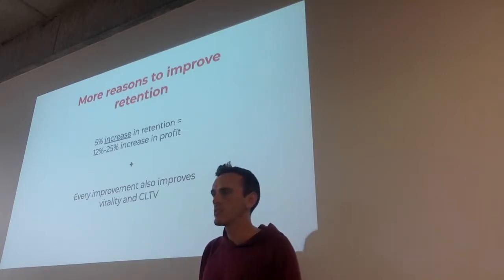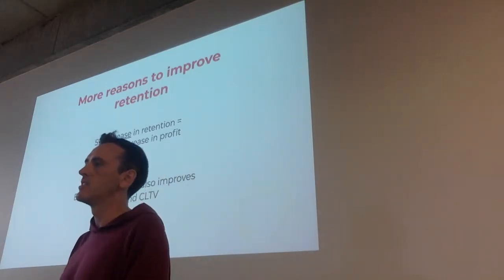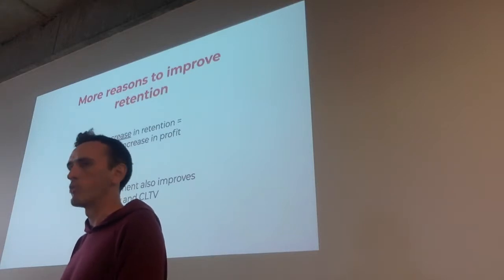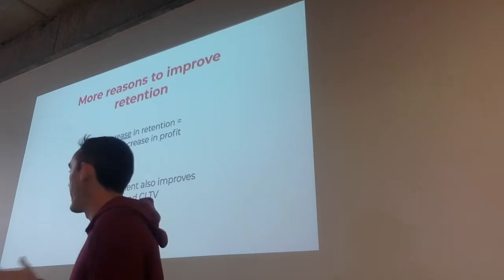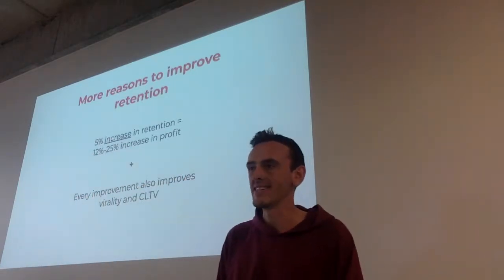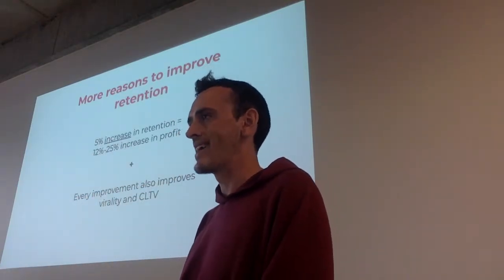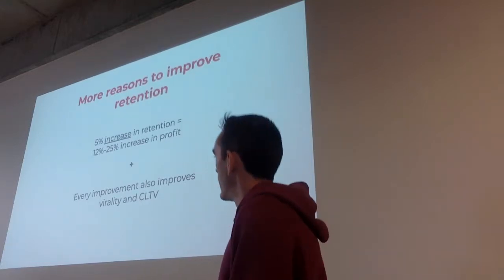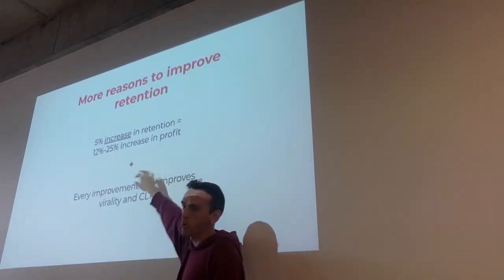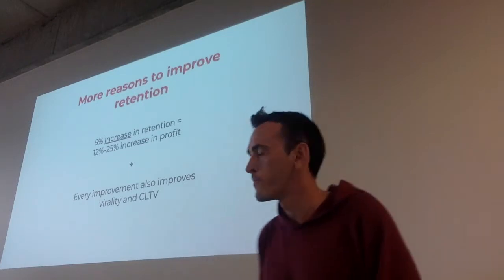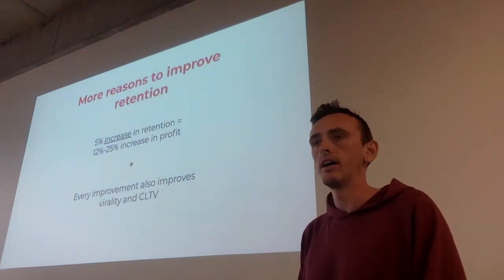It is not the value of 5 added on top of your current number. So if you have 10% retention, then a 5% increase does not equal 15%. It's 5% of 10%, right?